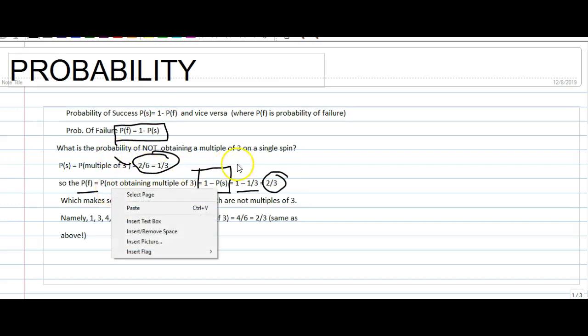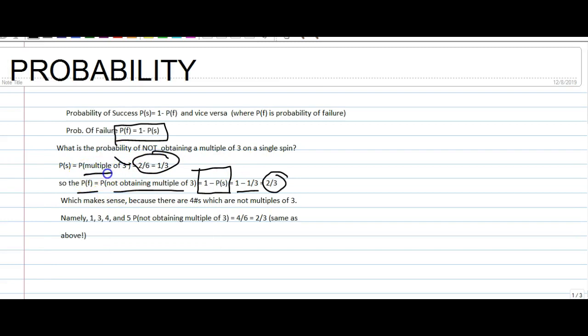So if the probability of success is obtaining a multiple of 3, the probability of failure would be failure to obtain a multiple of 3, which would be 1 minus the probability of success, which is 1 minus 1/3, which is 2/3, which makes sense since there are 4 numbers on that spinner which are not multiples of 3.